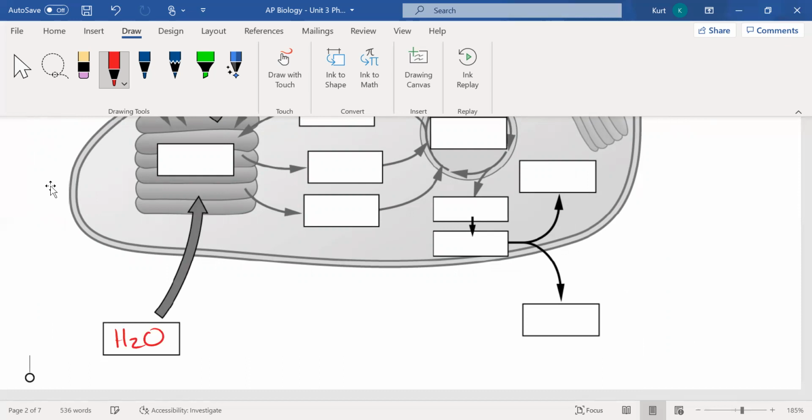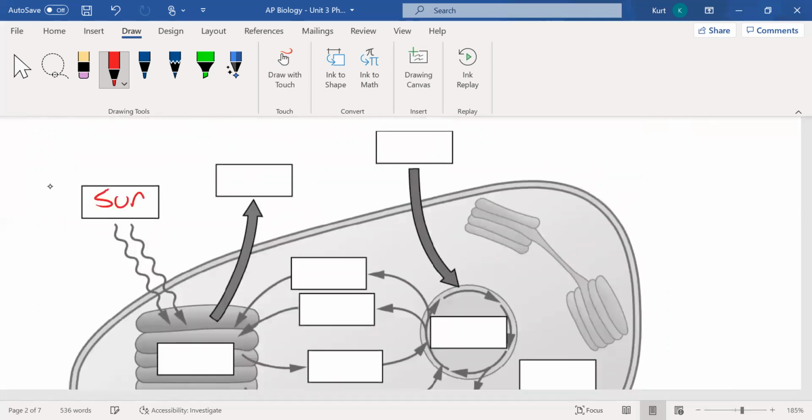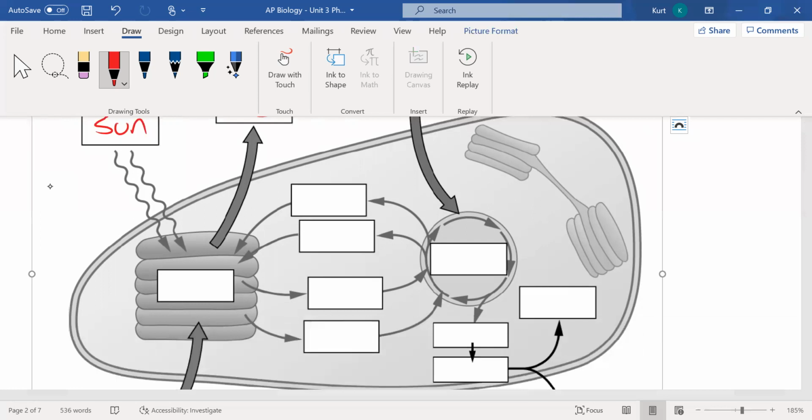Water and sunlight. Is CO2 used in the light reactions? Definitely not. What comes out? Oxygen. What goes from the light reactions to the Calvin cycle? ATP, NADPH. This is the Calvin cycle.